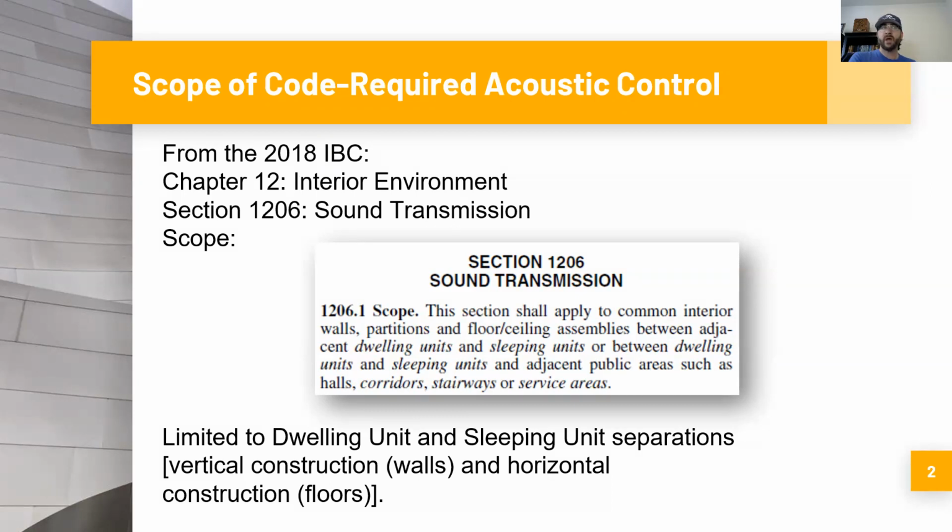We're going to do that in just a second for the code defined terms dwelling unit and sleeping unit. But the idea here is that it's really limited to dwelling unit and sleeping unit separations. So it's residential capacities where you essentially don't want your loud neighbors bothering you, be it through the wall or from the floor above.